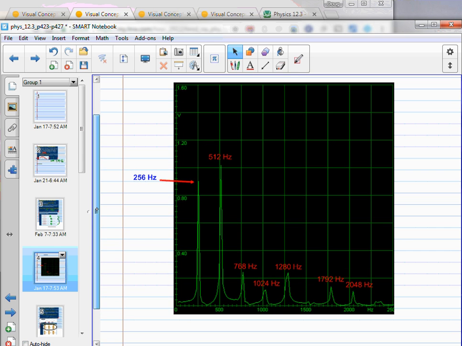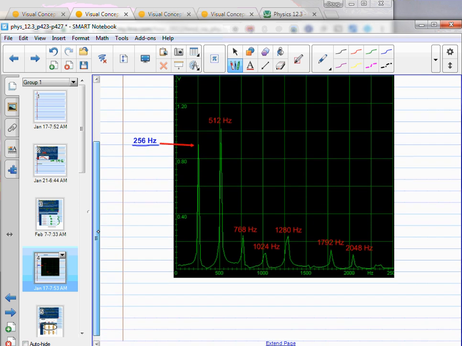This is an image of an oscilloscope, which is going to identify frequencies that are heard. So we have somebody humming the tone of middle C. I'm not going to attempt to hum middle C, but this was captured from that.